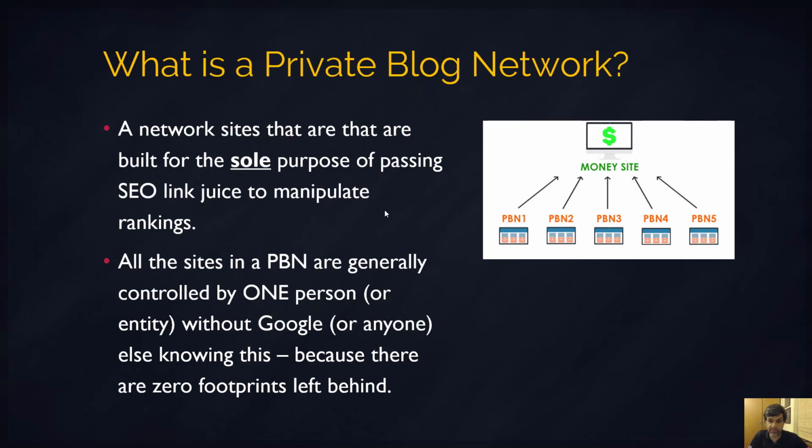Not leaving any footprints behind for Google to detect that these sites are owned and controlled by one person, and that they are being solely used to pass down SEO juice and manipulate the rankings of the sites that they point to.